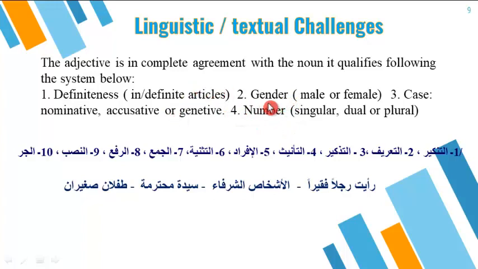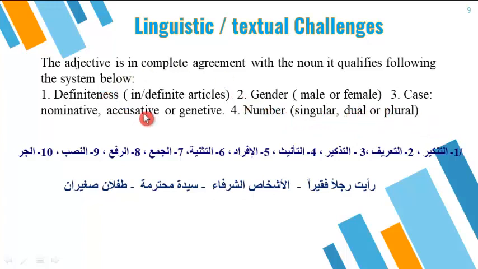And also in Arabic, gender, either male or female. Case, either nominative, it means subject or الفاعل, accusative, المفعول به, genitive, مجرور أو الإضافة. In number, also singular, dual مثنى in Arabic, or plural.